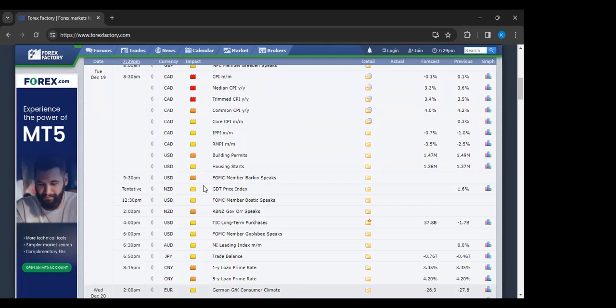Building permit news, and then a couple of speakers from the FOMC will be speaking tomorrow. So building permits, the biggest thing with building permits is just watching to see if we have more of them, seeing the areas, also seeing if these permits are allocated more towards commercial space or residential spaces.